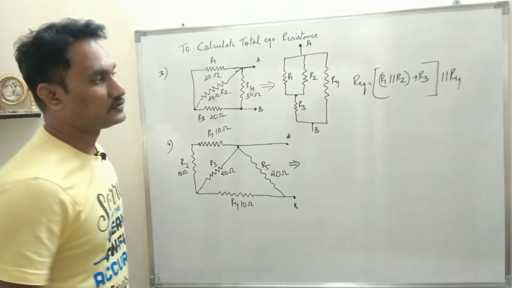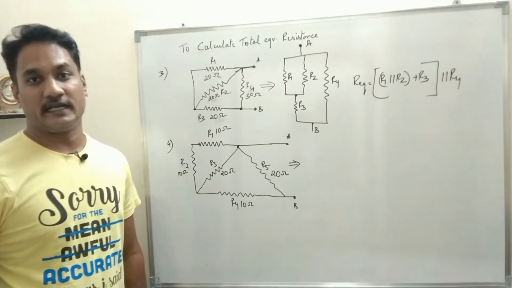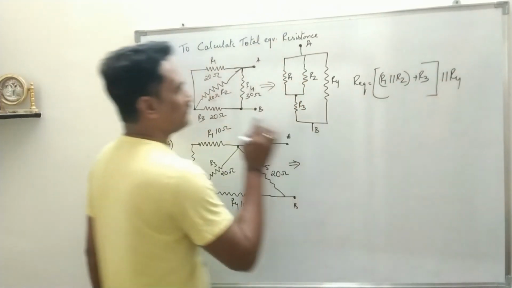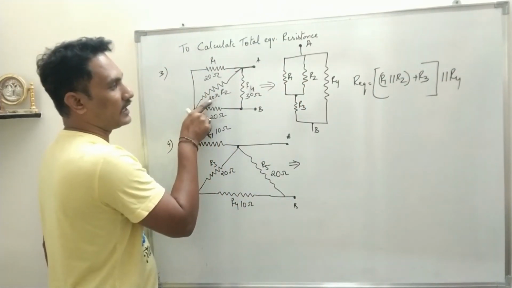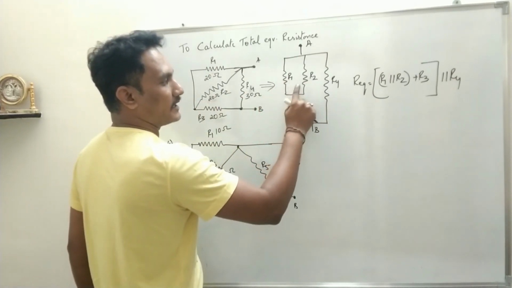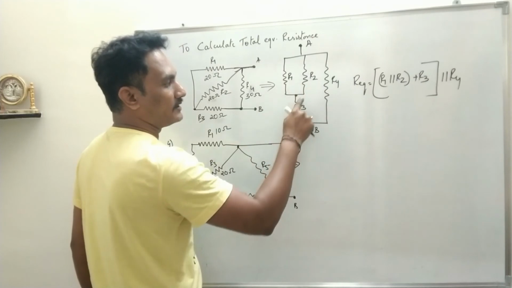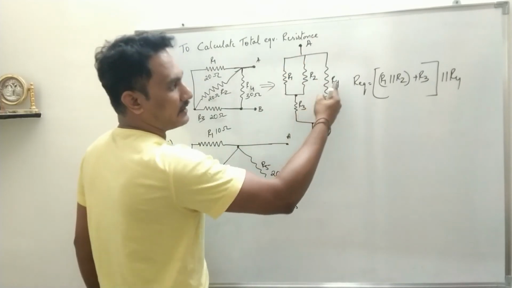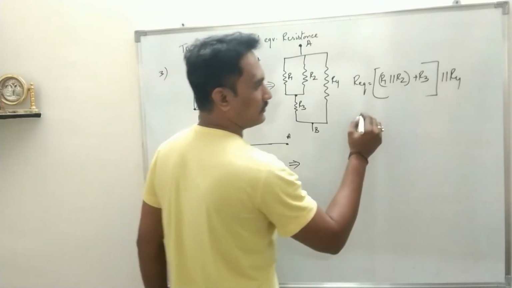So now we can substitute the value and we can get the answer. I hope you have understood how this equation has been formed. R1 is parallel to R2. They are combining at both the points, R1 parallel to R2, and this entire parallel combination is in series with R3, and this entire combination is parallel to R4. So that is how we have written.